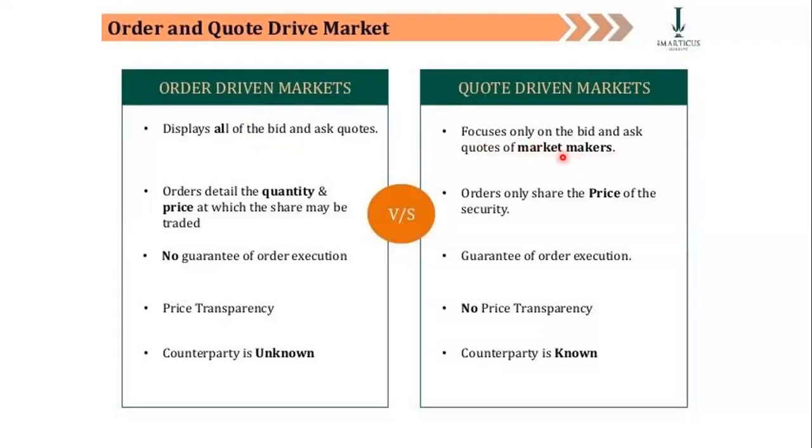Here the dominant player in the quote-driven market is brokers. You have to buy and sell via brokers. The brokers decide the price, while in the order-driven market, the buyers or sellers decide the price. Order details are the quantity and price at which the share may be traded.